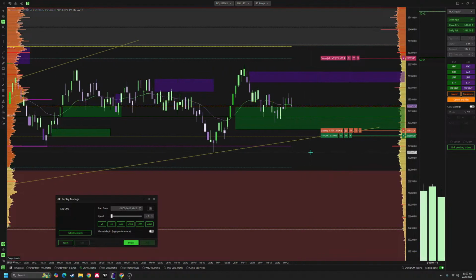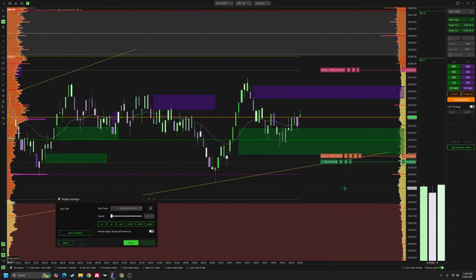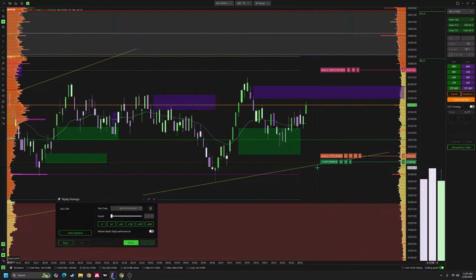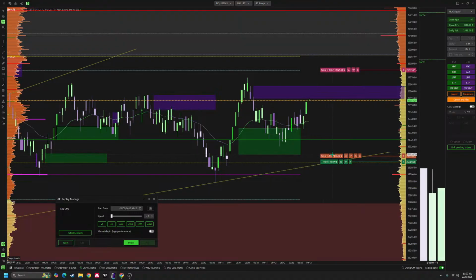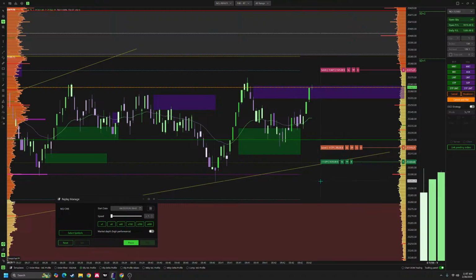We still have aggressive buyers pushing. And we're going to get some resistance up here that we need to break through. It's going to be the test when we move it up to behind the stop.